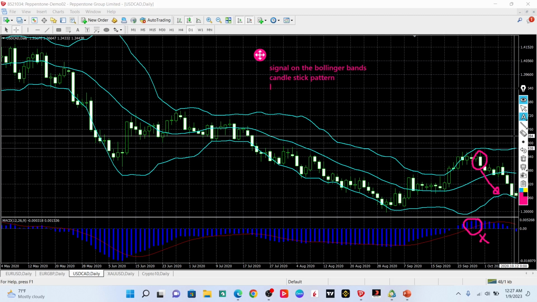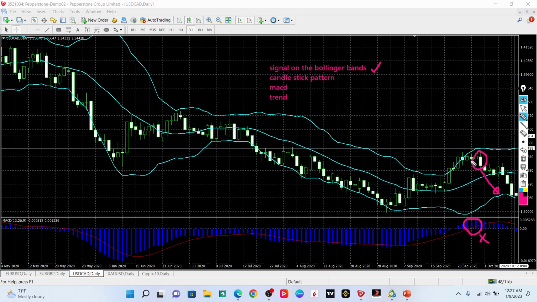Then we want to see a signal on the MACD. And the other thing we want to see is a trend. Just a trend, which does not matter so much because the trend might be changing. That's our checklist.